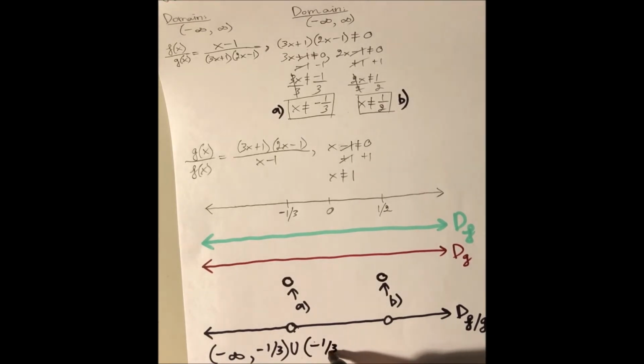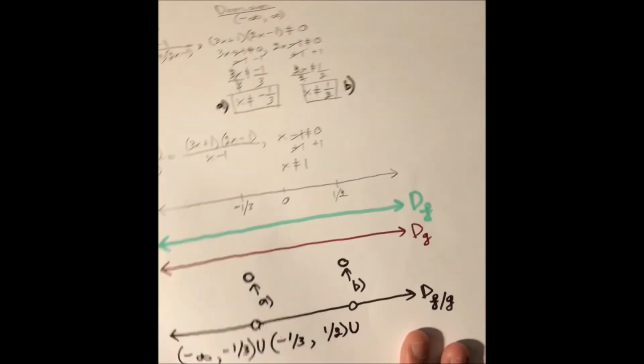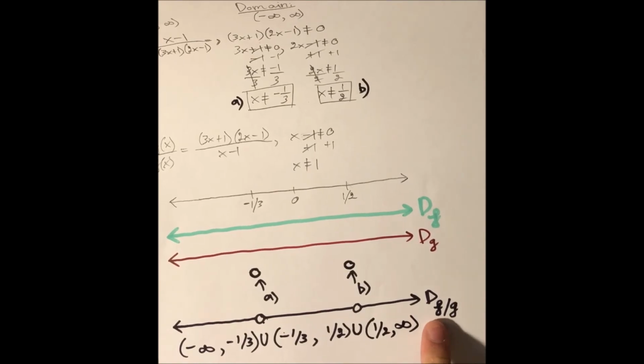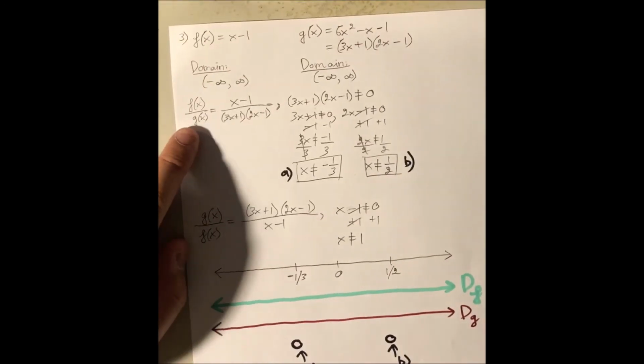So it's another open interval. Put a union sign to go to the next part: from excluding 1/2 all the way to positive infinity. That's another open interval. And this is the interval notation for the domain of f over g.